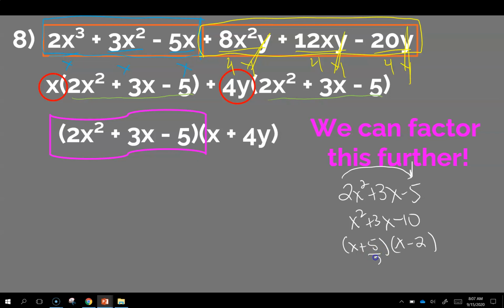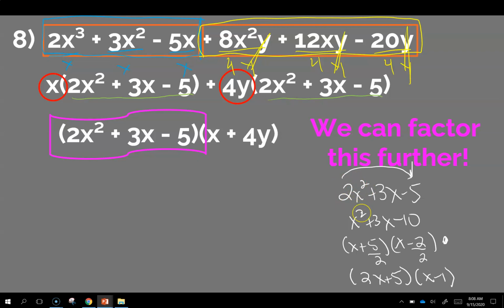Now we slide 2 back out. This fraction does not simplify, so my 2 gets to move to the front to be 2x plus 5. Here, negative 2 divided by 2, it does simplify. So it factors to be 2x plus 5 times x minus 1. And I told you in the other video to always check, always multiply your first pieces back together. Because if you stopped right here, when you multiply x times x, you get x squared.